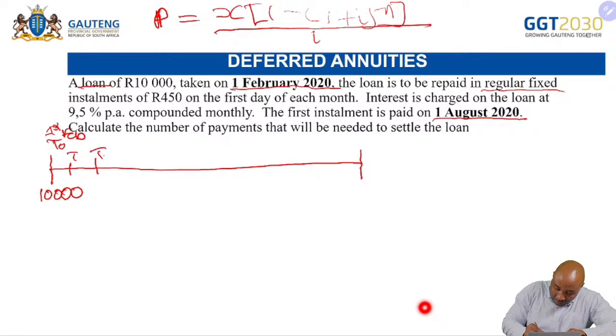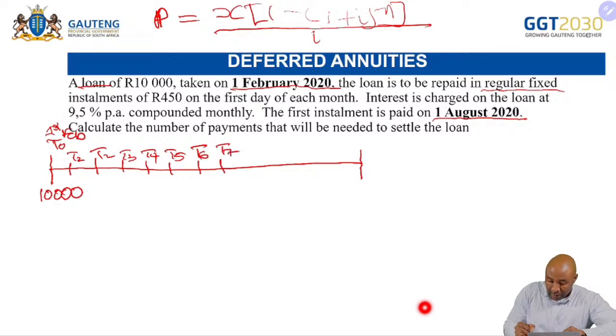T1, T2, T3, T4, T5, T6, T7. So this is the 1st of February.